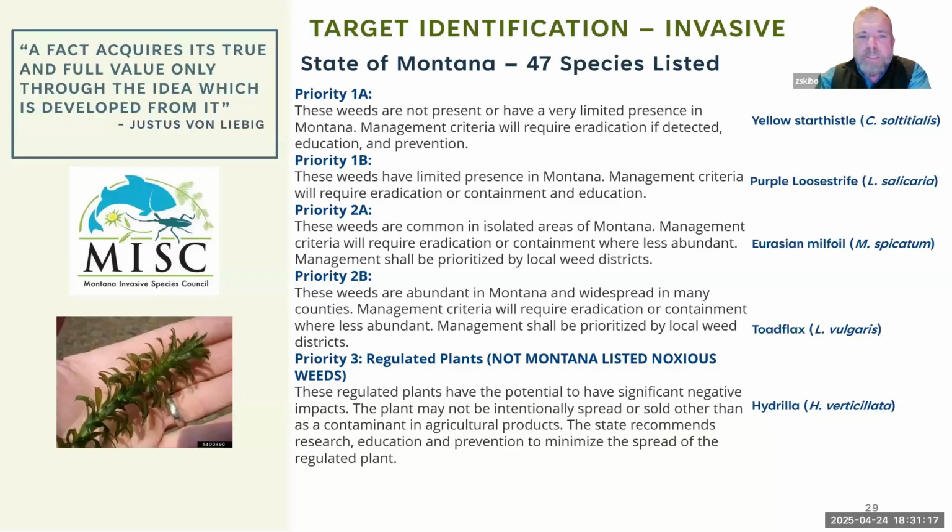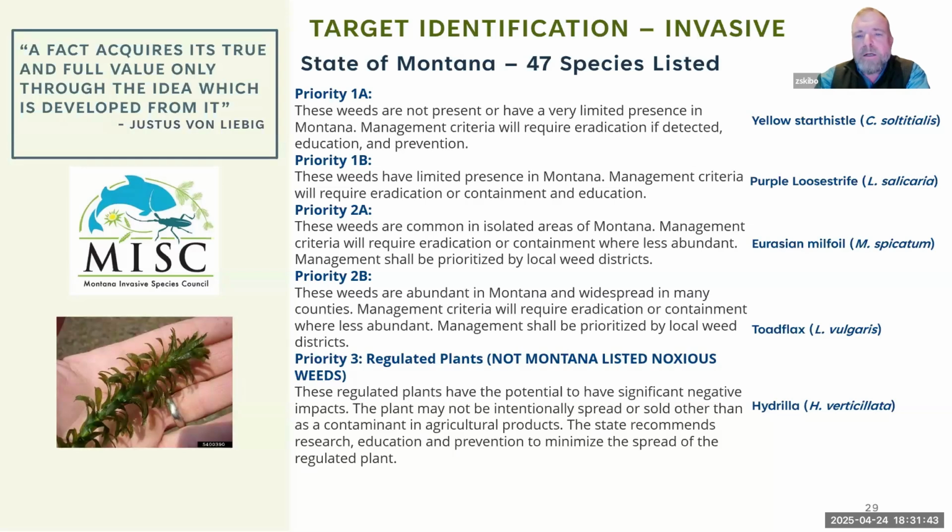Going into the state of Montana, we've got 47 species listed as invasive, and these are classified as priority 1A. These are species that do not have any presence or very limited presence in Montana. We'll talk about one of these species. Priority 1B, these are again species that have very limited impact, and these do require eradication, containment, and education of the public.